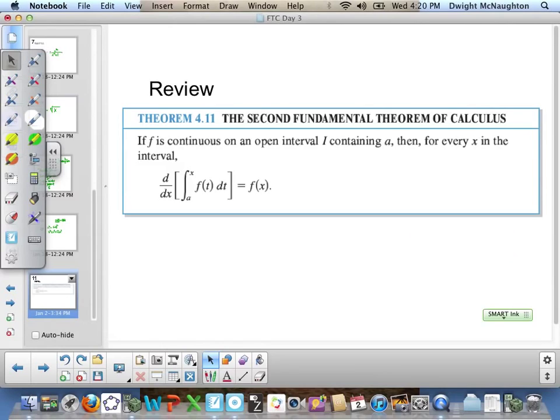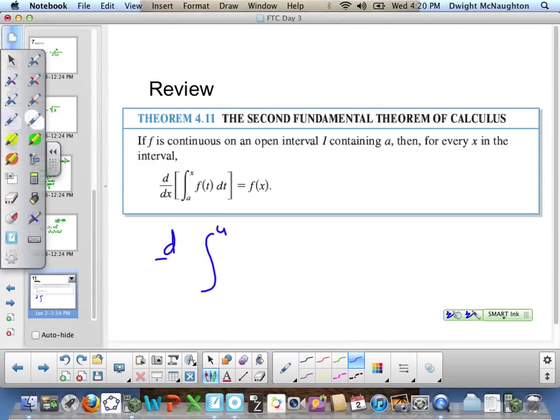So in conclusion, the second fundamental theorem of calculus, the derivative of the antiderivative is the function. Now, little caveat, if we have a u up there, the derivative with respect to x of the integral is the function with u inside times u prime.